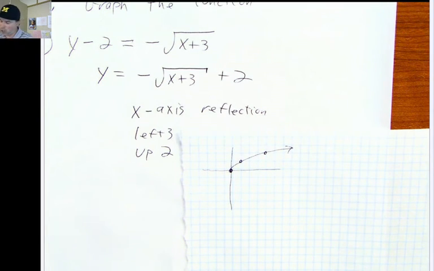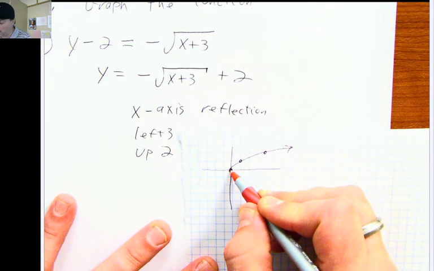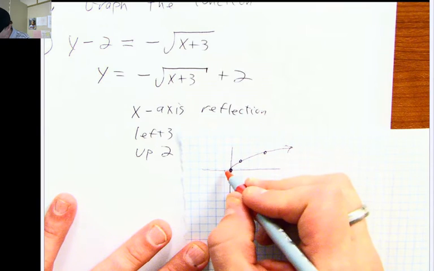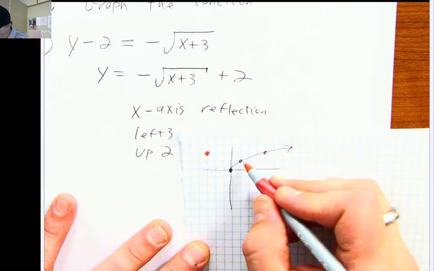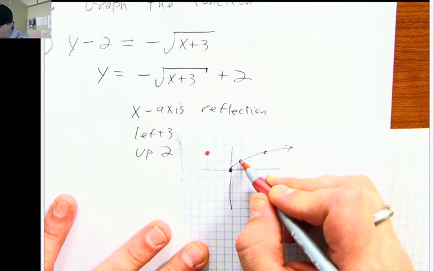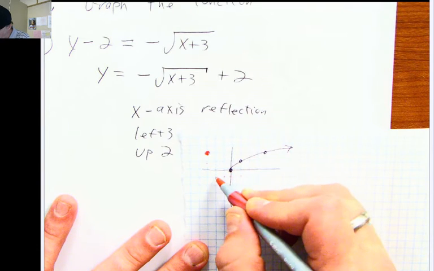And if I took this graph and I did an x-axis reflection, it would stay there. But then you could go left 3 and up 2, and you'll end up here. Next one, take this point, I do an x-axis reflection, left 3, up 2.